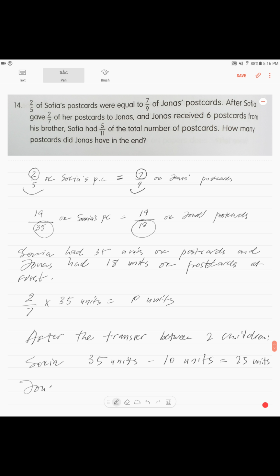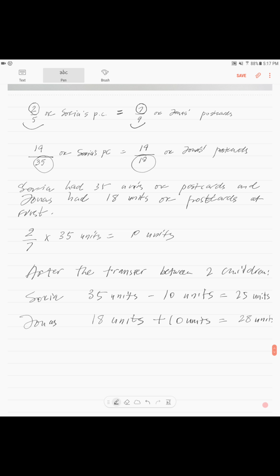Okay, Jonah had 18 units. We know that, right? 18 units, and he got 10 units. He had 18, he got 10 from Sophia, and as a result, he got 28 units, right? This is what happened. All right?